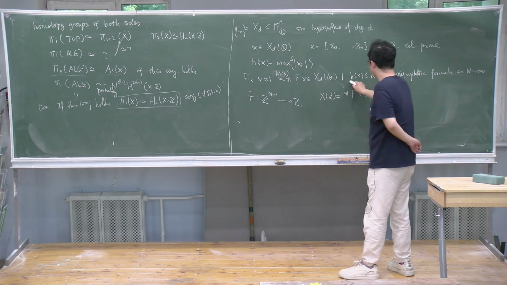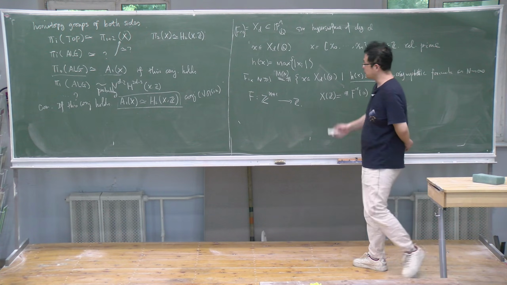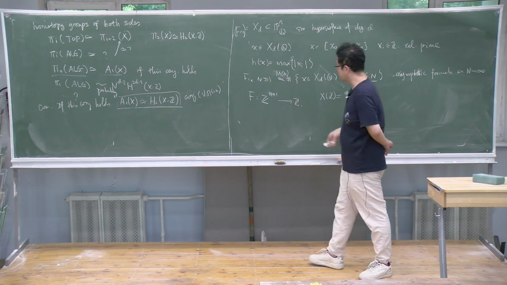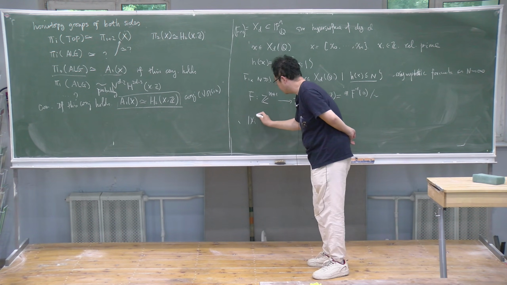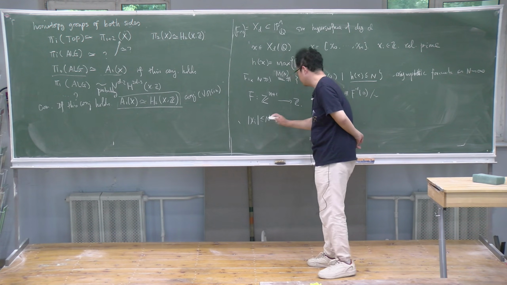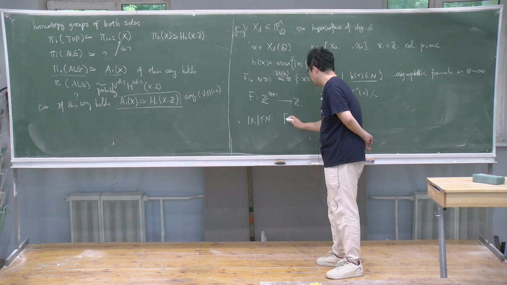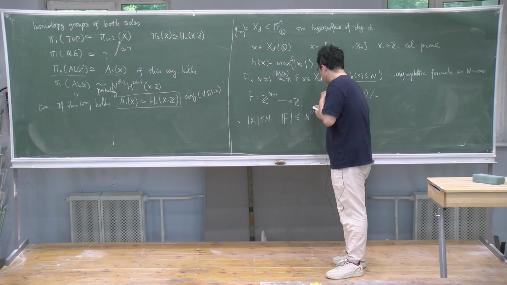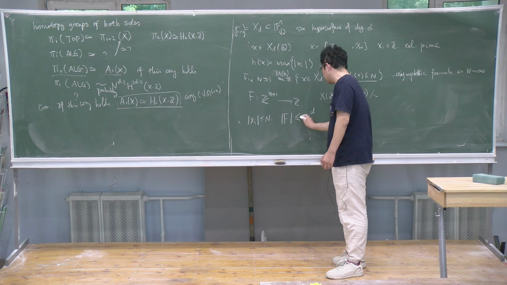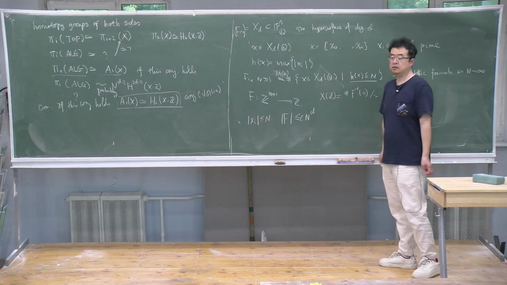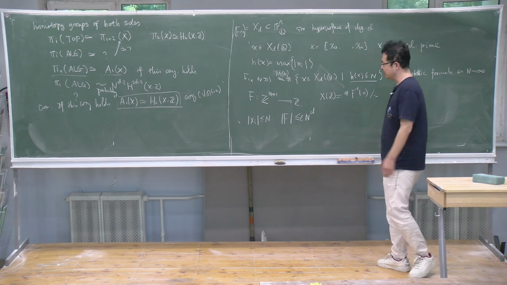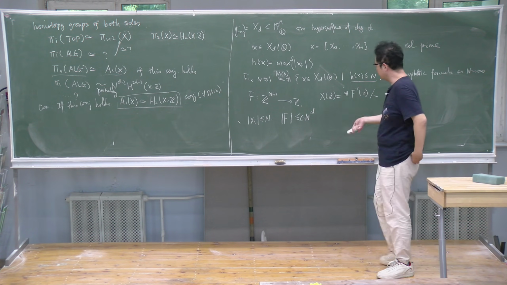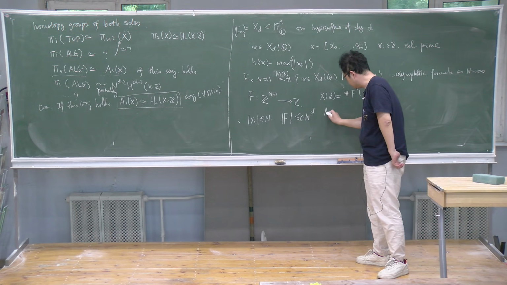Now, if the height is at most n, and f has degree d, then if each xi has absolute value at most n, the absolute value of f is at most n to the d times some constant c. It's a very rough estimate. Now here's a big assumption.